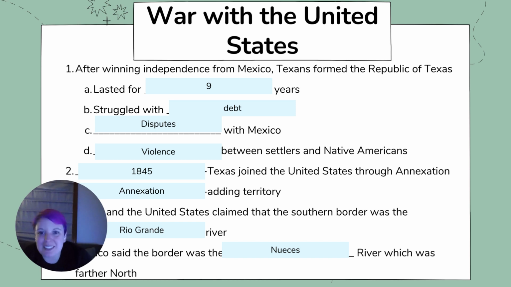So seeing as it was not successful, in 1845, Texas joined the United States through something called annexation, or adding territory. Texas and the United States claimed that the southern border of Texas was the Rio Grande River, but Mexico said that the border was the Nueces River, which was further north.